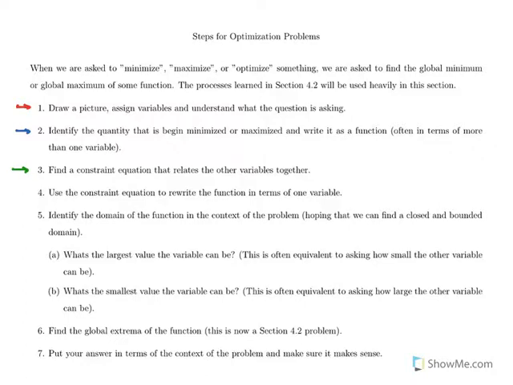Maybe length is twice the width or something like that. Then we're going to use that constraint equation to rewrite the function in terms of one variable. And this is all boiling down to our first big step: this is how we find f of x. These three steps, we are trying to find f of x, our function that we're trying to minimize or maximize.